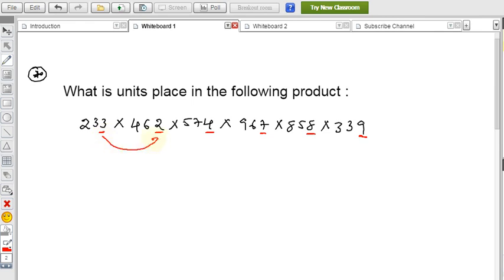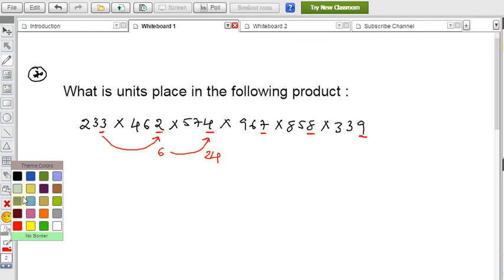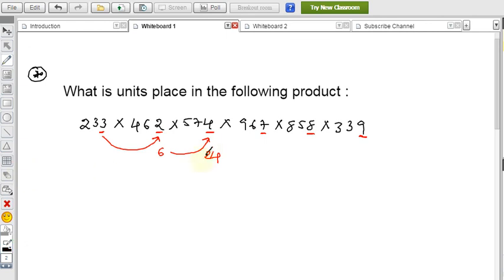So 3 into 2 is 6. Again only the units place. Again 6 into 4, 24. So don't take 2 now. Always we should take only the units place. Now take only 4.